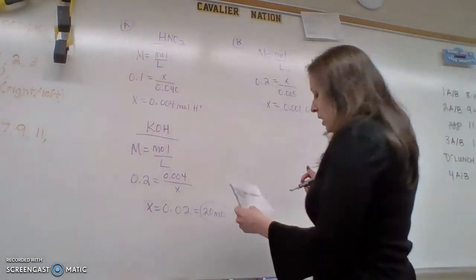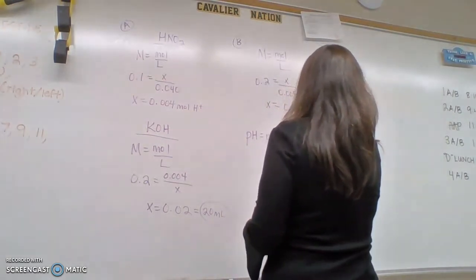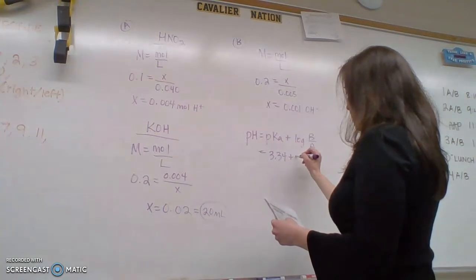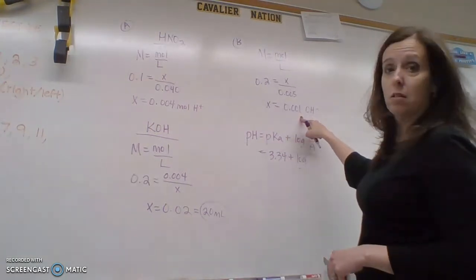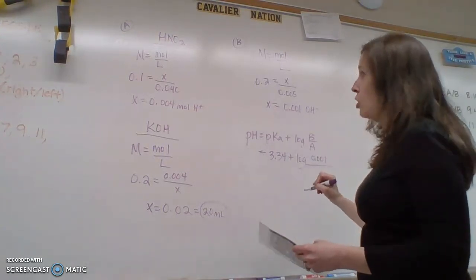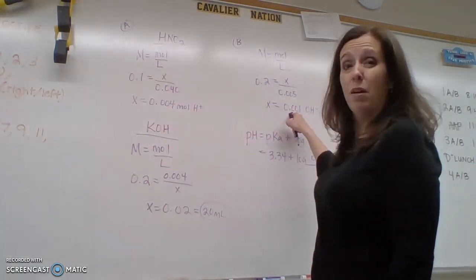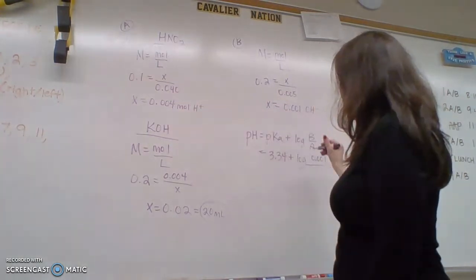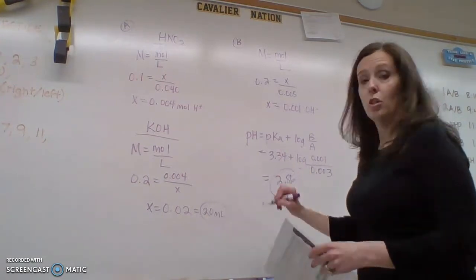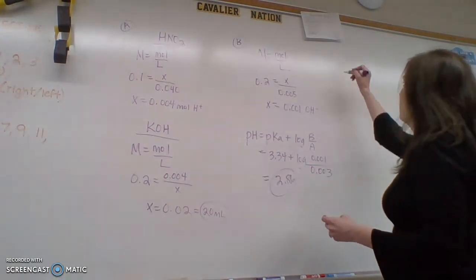What I can use is my Henderson-Hasselbalch. I know that the pKa is 3.34. I know that the concentration of the base, the OH, is that. And I know that the concentration of the acid should be that, but I'm going to lose that much because it's going to react. So that minus that is that, and I put that in.